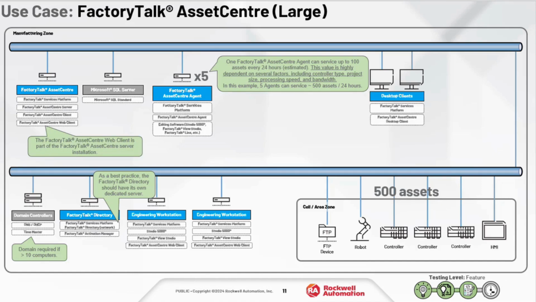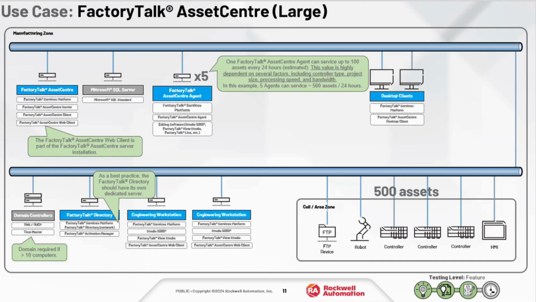Then finally, I want to cover an example of a large FactoryTalk AssetCentre architecture, just to break down, I guess, the perfect example of what Rockwell says is the rule of thumb in terms of architecture.